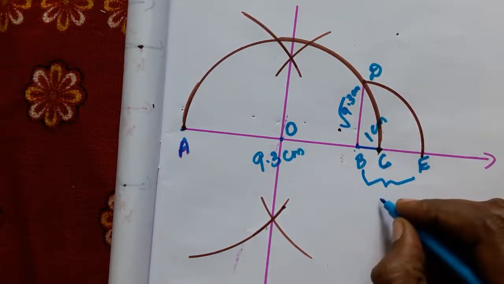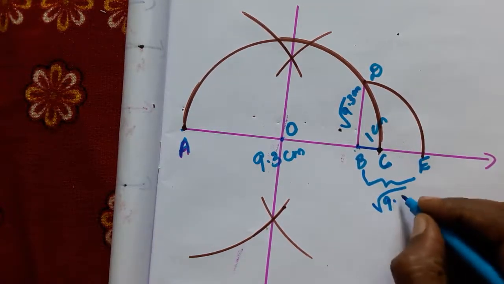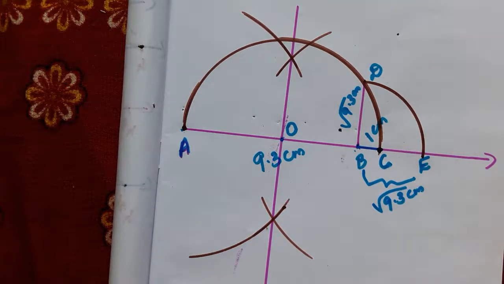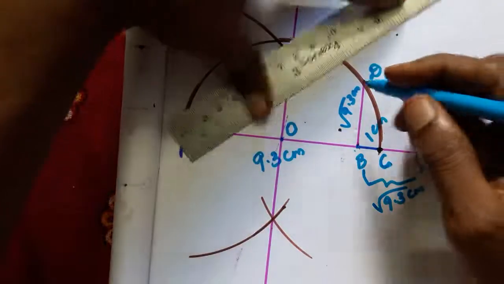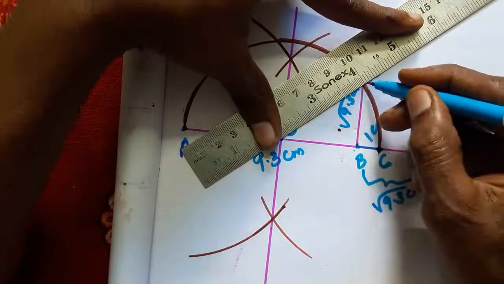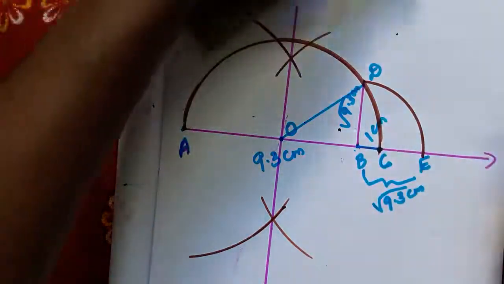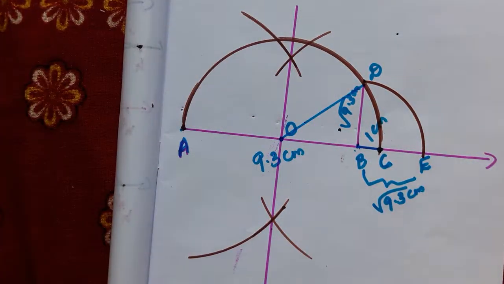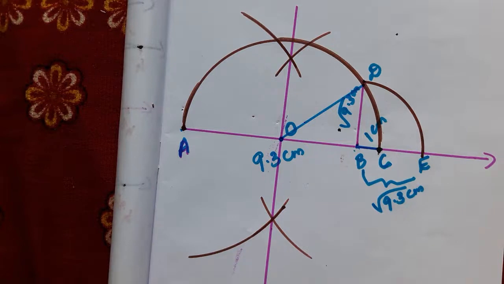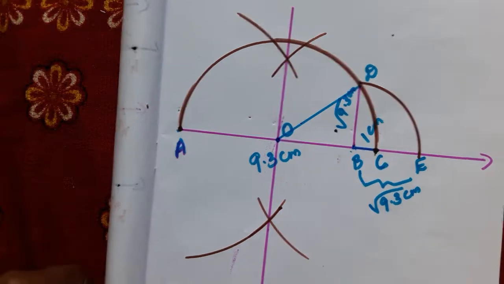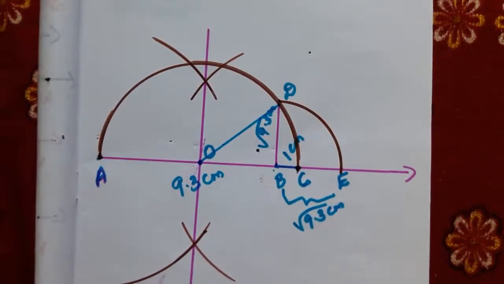BE also is root 9.3 centimeter. Have you understood this? Very simple problem. Next join OD also. Then one more problem we can do in this same procedure.